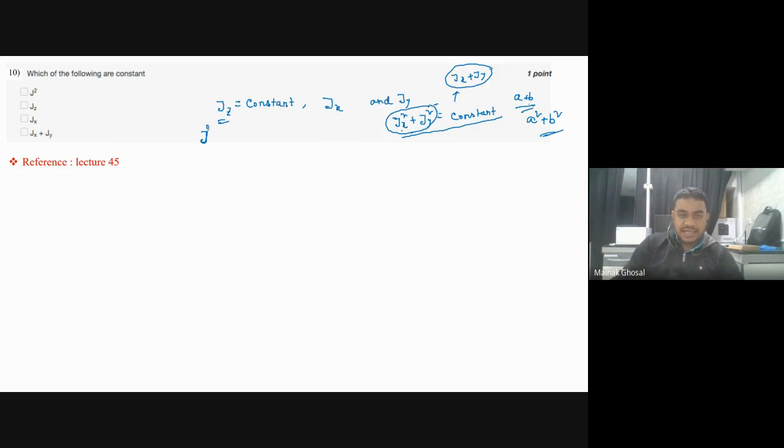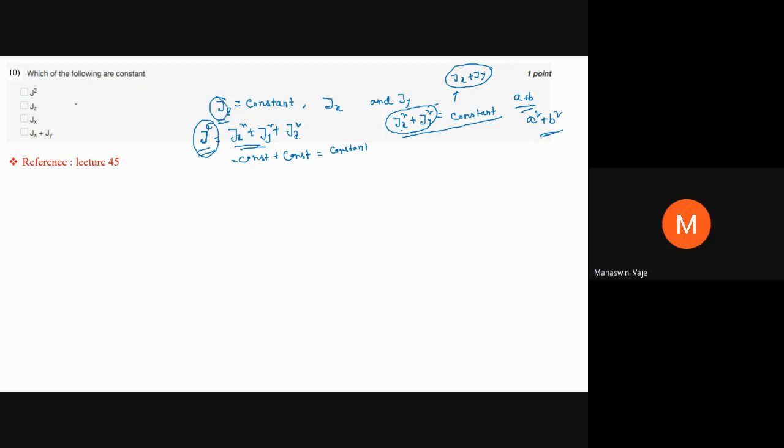So J square is nothing but Jx square plus Jy square plus Jz square, so the x and y part is constant and your Jz square is constant. That means J square will always be constant. So two constants will add up to give a constant. So you can see which two factors are constant: J square is a constant term and Jz is also a constant term, right?